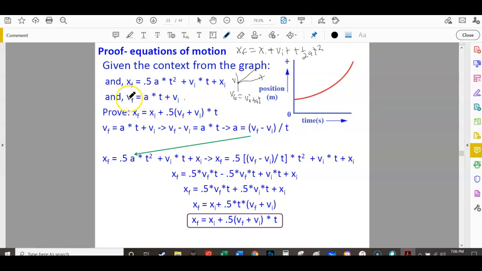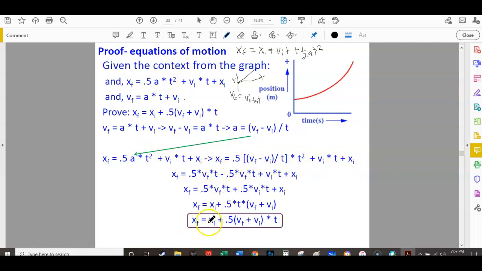So we're going to take this equation and solve it for a. And when you do that, you get v final minus v initial over t. Well, now you're going to plug this into this a here.